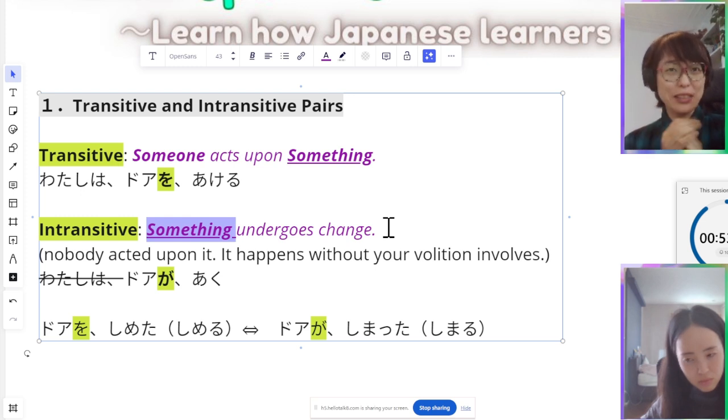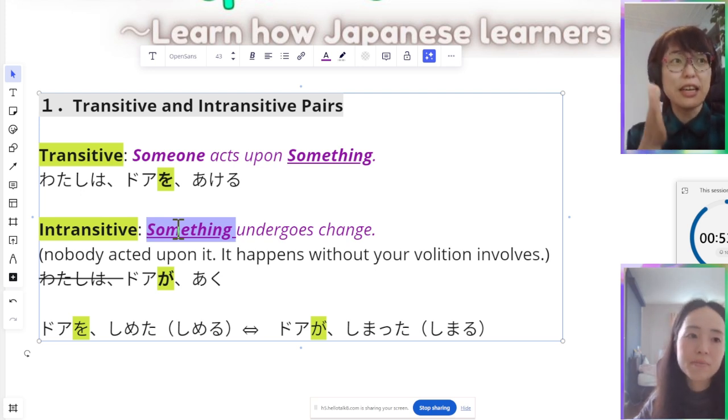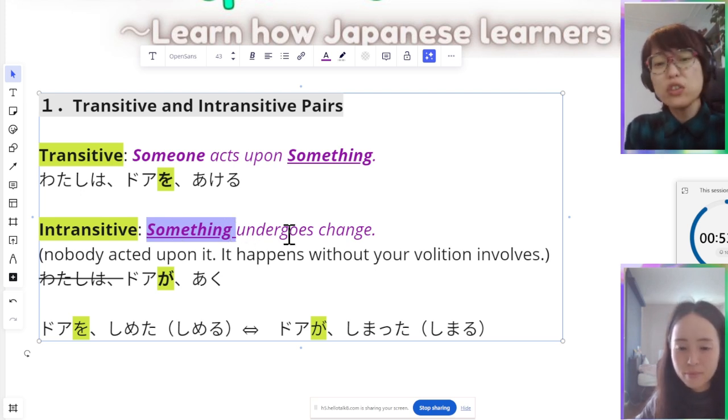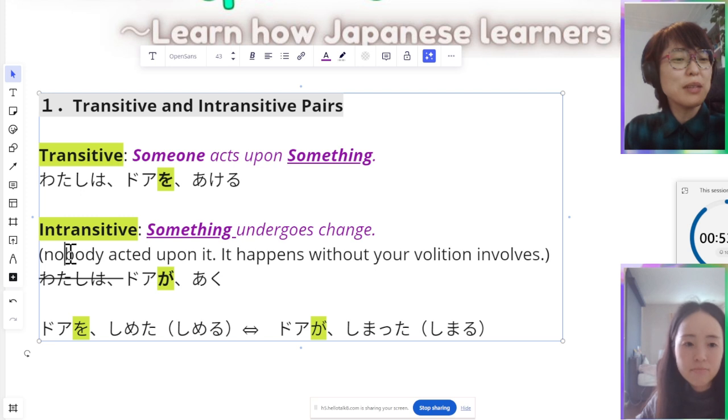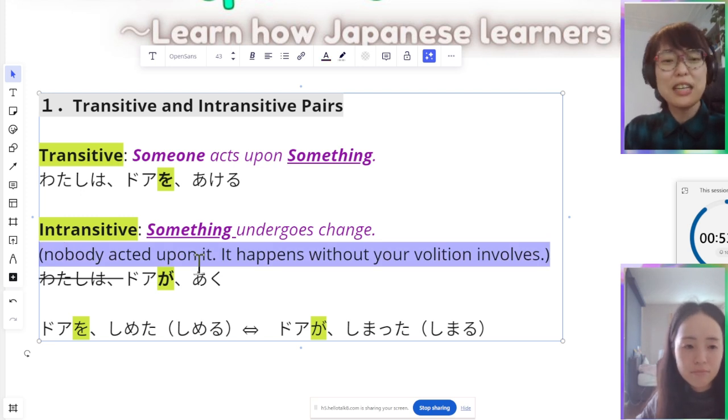It's the subject now. So something still appears at the center of the sentence, but it's not an object, it is the subject now. Something undergoes change. That's what Andy explained. Nobody acts, nobody acted upon it. It happened without anyone's volition. That's what Andy said in the video, by the way.